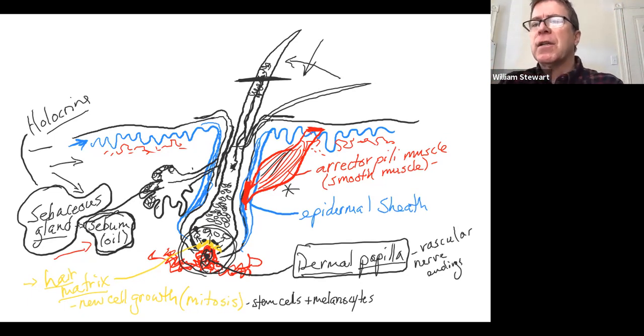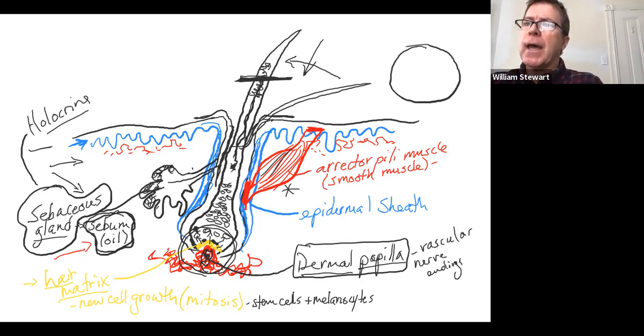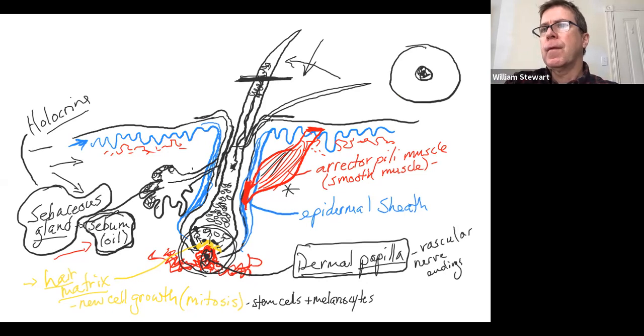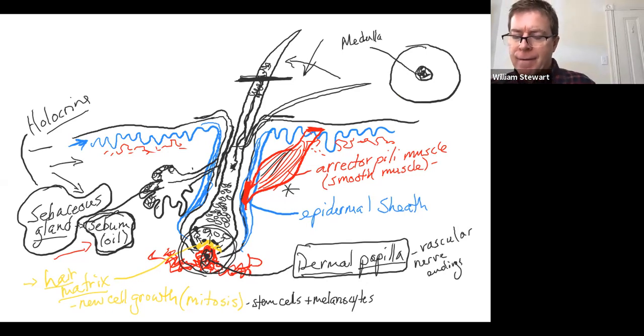The cross section of this hair where I've cut it right here, I'm going to draw that real quickly and then I'll end this mini lecture. If we were to take that hair and cut it and look at it in cross section, there is a center of the hair called the medulla, M-E-D-U-L-L-A.